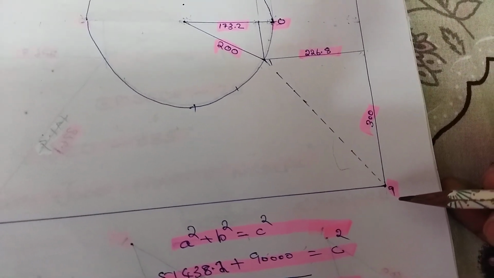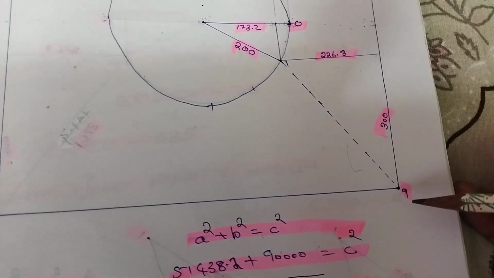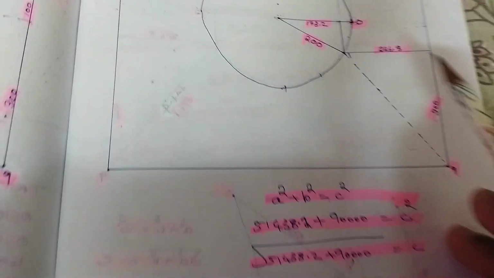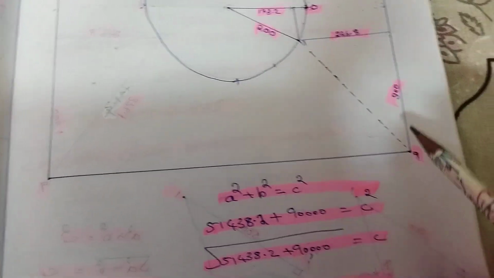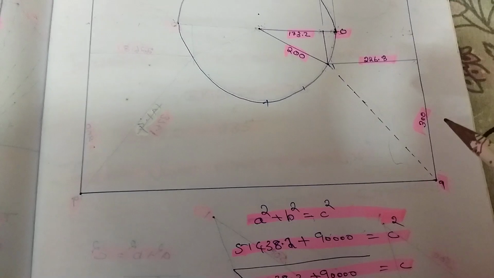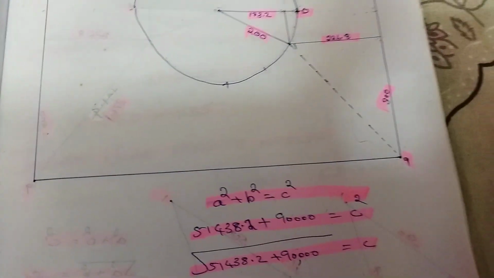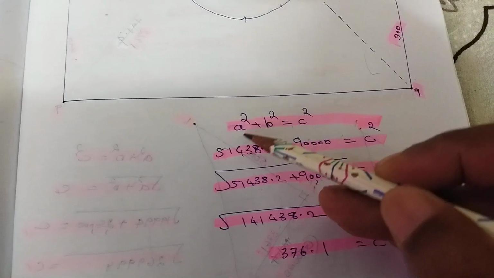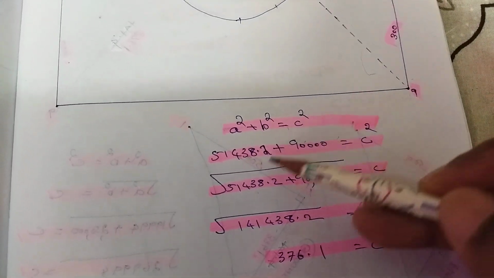One measurement will be got. These two measurements have to be added. Its square root will be the true length of 9 to 1. Okay. Now first of all we had to find out the length of 9 to 1 which is visible in plan, not in true length. Okay. 226.8 square. A square plus b square is c square.